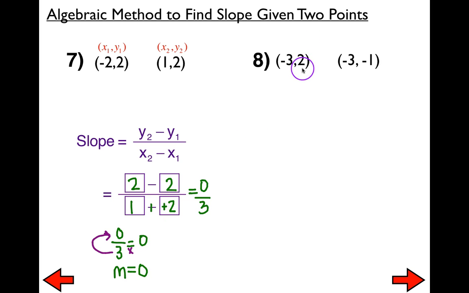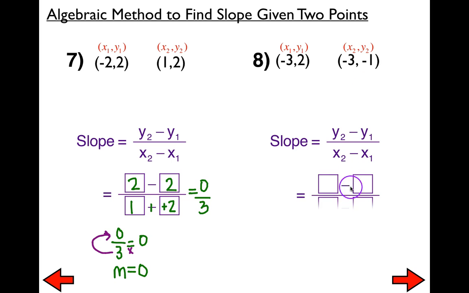Now let's try this one again. We're going to start with the formula. We're going to label each part, and then we're going to plug it in. So y sub 2 minus y sub 1. I'm going to add the opposite, and I'm going to end up with negative 3 over. Now here I'm going to do x sub 2 minus x sub 1. I'm going to add the opposite.